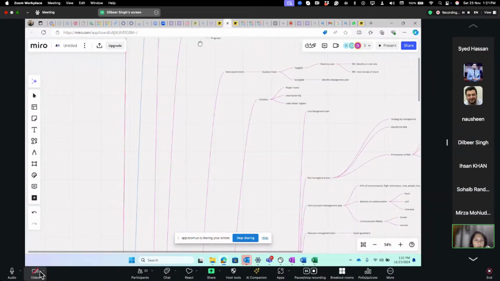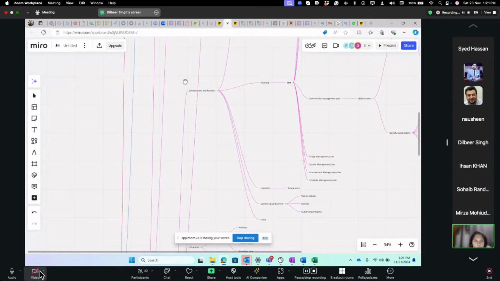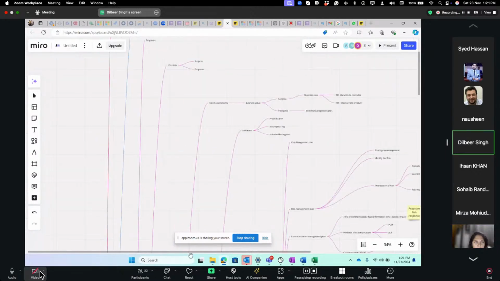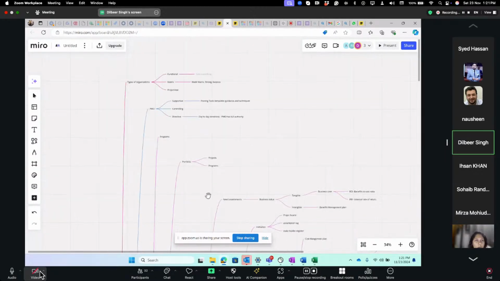Now we started by organizations, right? So under organization, we have different types of organization: functional, matrix, and projectized.